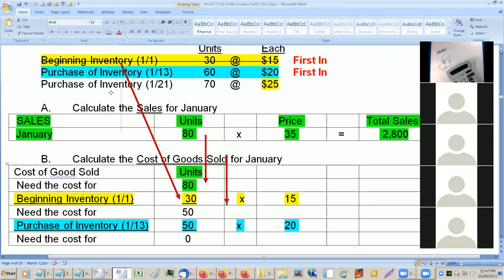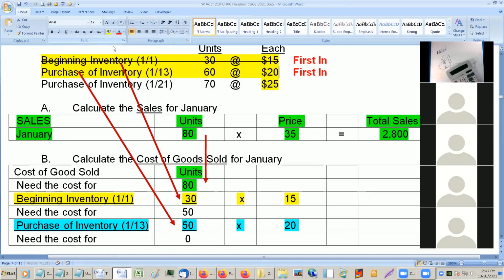All right, so this is, that looks terrible. I'm going to change this back to yellow. Okay.